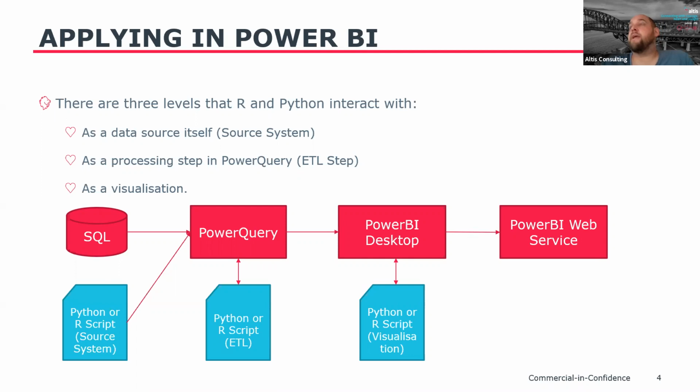One example of that may be a web scraping process. That's one of the examples that we've got. There might be a website with an HTML table sitting there that you want to go and pick up. You can quickly collect that using your Python or R and have that as a data source within your report.